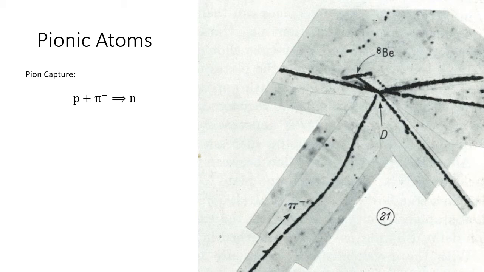Because the mass term appears in the calculation for the energy levels, and because the mass of this is much, much higher than the mass of an electron, its energy levels are much, much, much lower. And so when a pion joins an atom, it kicks out some of the electrons.